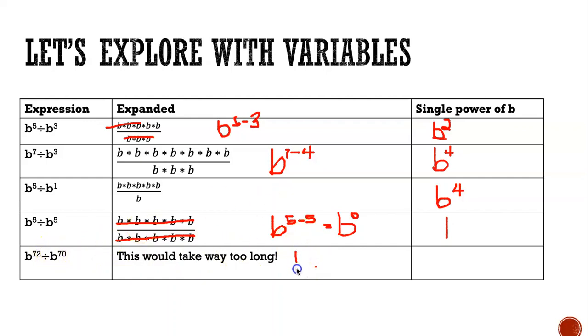Here, B to the 72 minus 70 is B to the 2nd. Okay, so when we are dividing powers, we can just subtract the exponents. And if the exponents are the same, we end up with a 0 power, which is equal to 1.